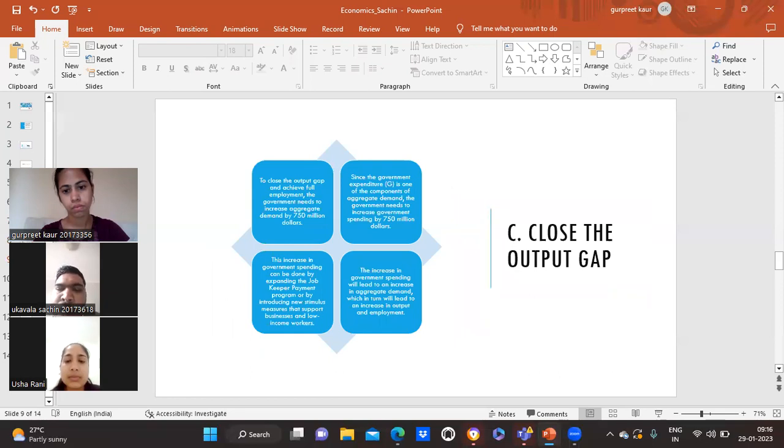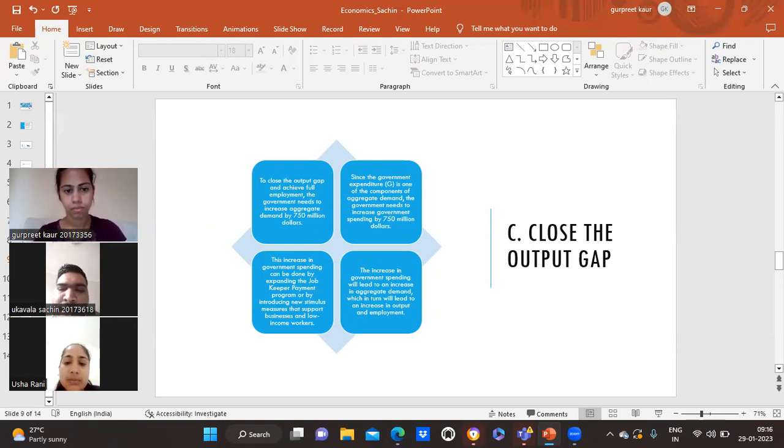Close the output gap. To close the output gap and achieve full employment, the government needs to increase aggregate demand by 750 million dollars. Since government expenditure is one of the components of aggregate demand, the government needs to increase government spending by 750 million dollars.